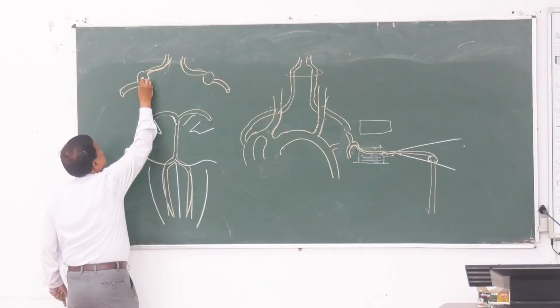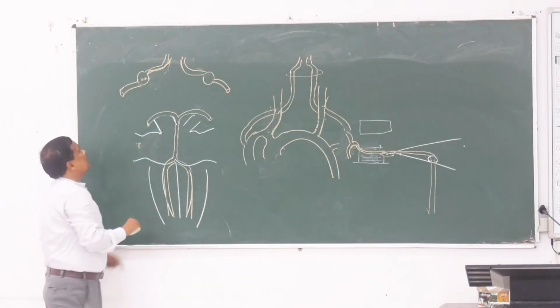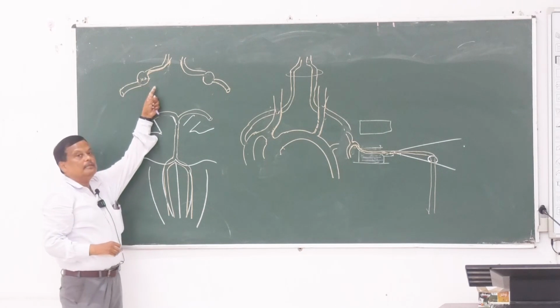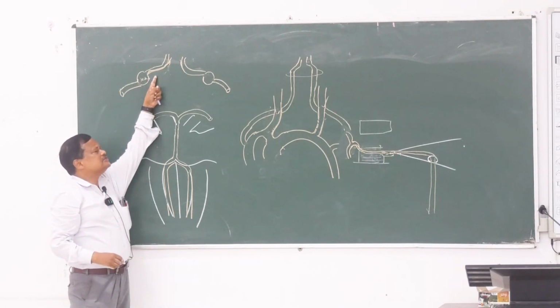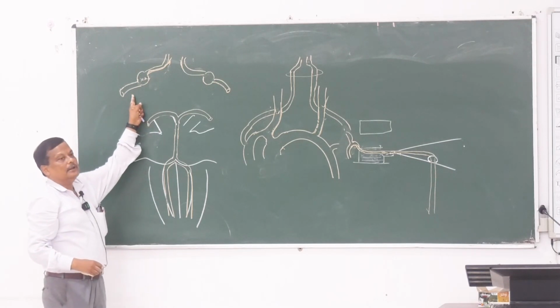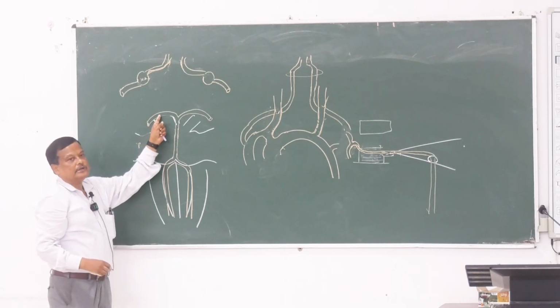So the internal carotid artery gives two terminal branches, the anterior cerebral artery and middle cerebral artery, and there is the posterior cerebral artery.